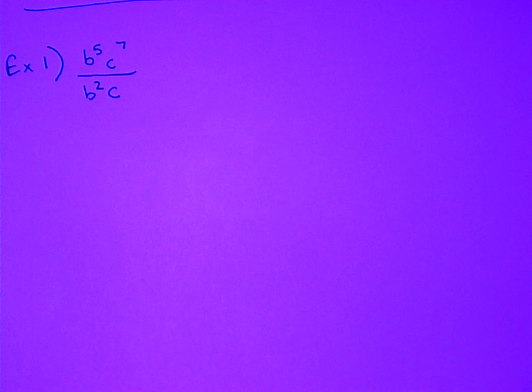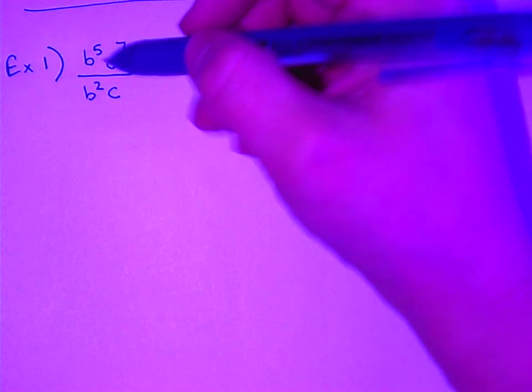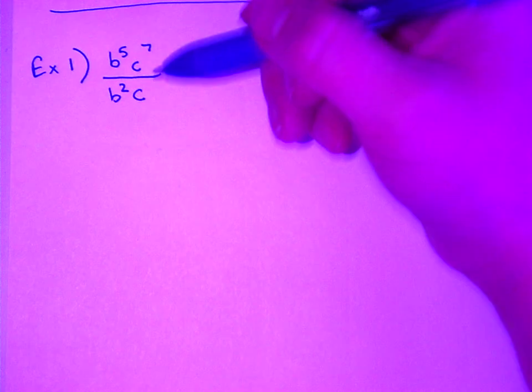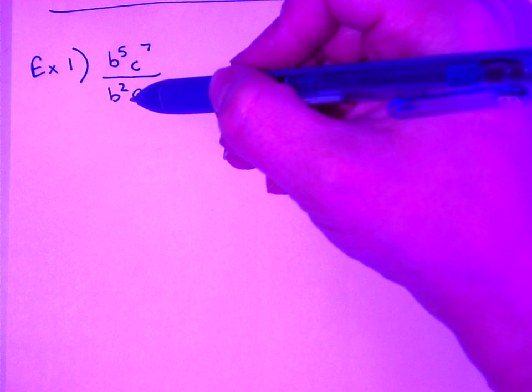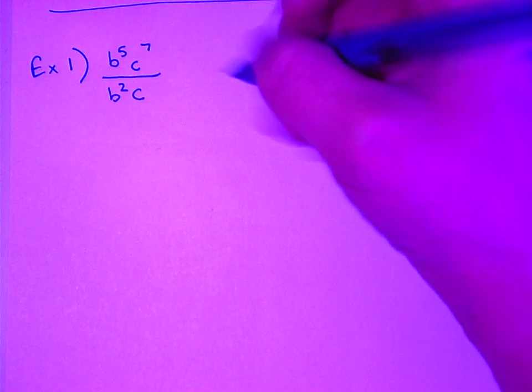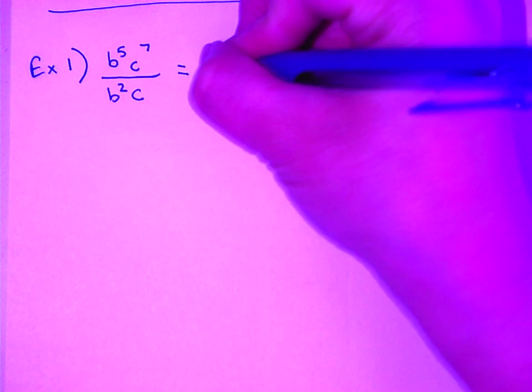Now, just like when you're multiplying, you can only combine like variables with each other. So b's go with b's, c's go with c's. And what's the rule we just learned? What should we do with those exponents? Subtract them. Or, in my head, I don't even think about it as subtracting. I think there's 5 b's on top, 2 b's on the bottom. What's left over if you cancel them out? 3 b's, where? On top.